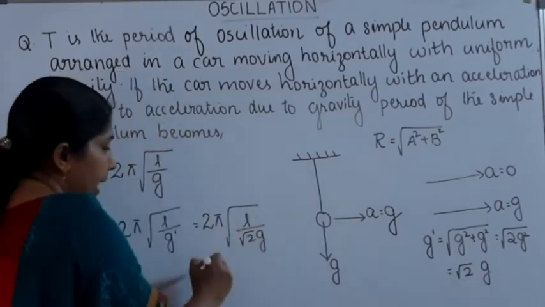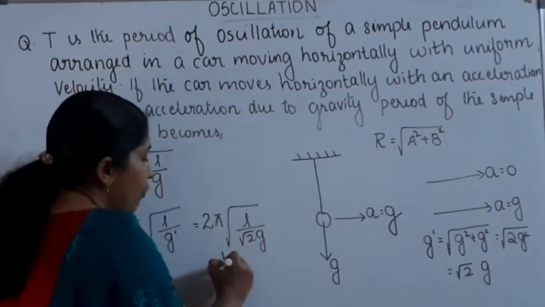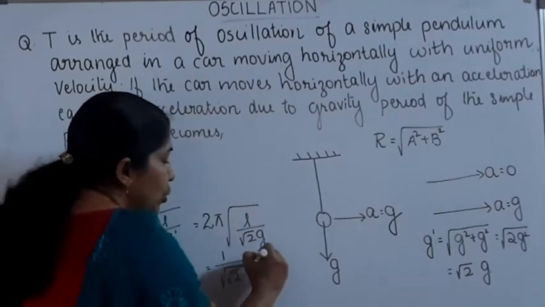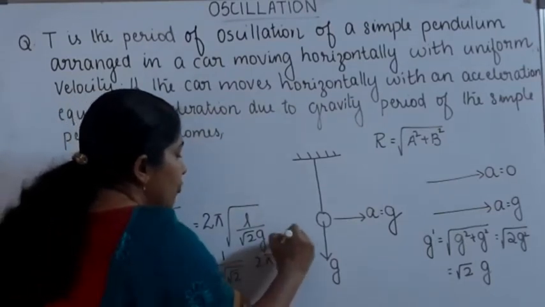On rearranging, we can write 1/√(√2) times 2π√(L/g).